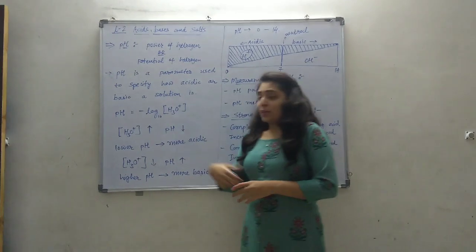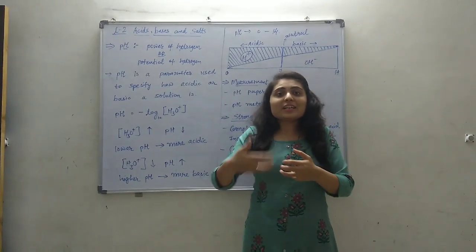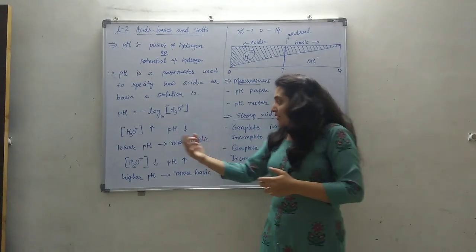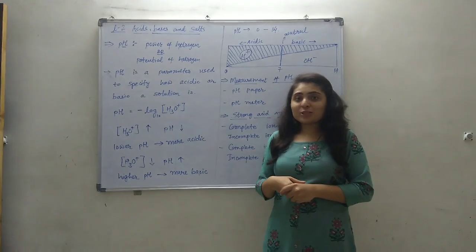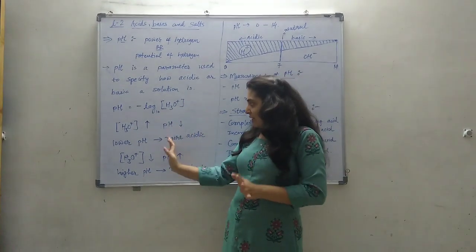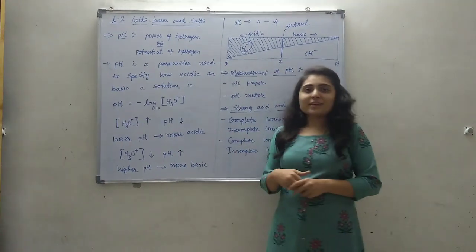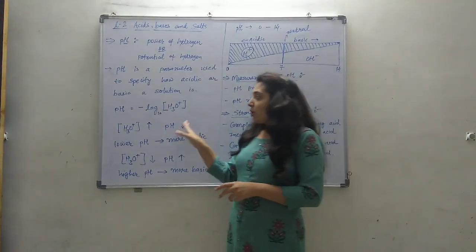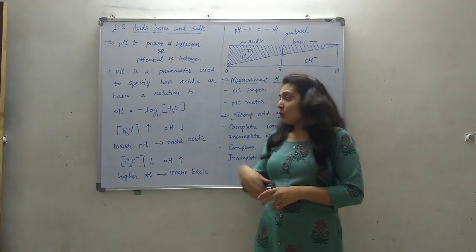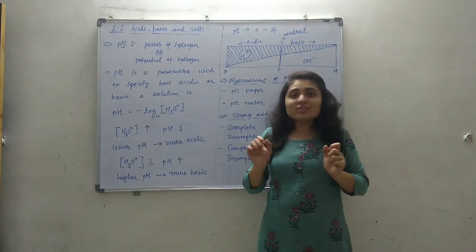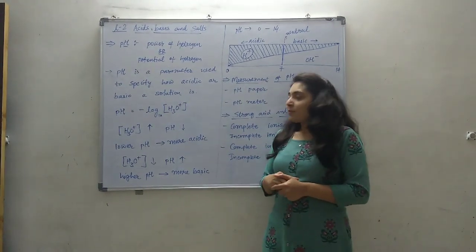If the number of H plus ions increases, that means acidic nature increases. So if H plus is increasing, pH value is decreasing. It ultimately shows that the lower the pH value, the more acidic the nature, because a lower pH value is due to a higher H plus value. And why is it an inverse relation? Because of the negative sign in the formula.